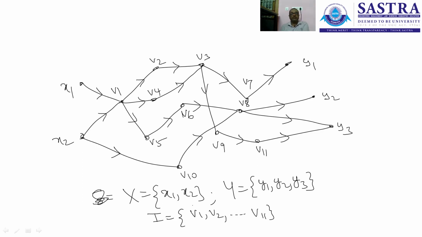So this is an example of more than one source and sink.